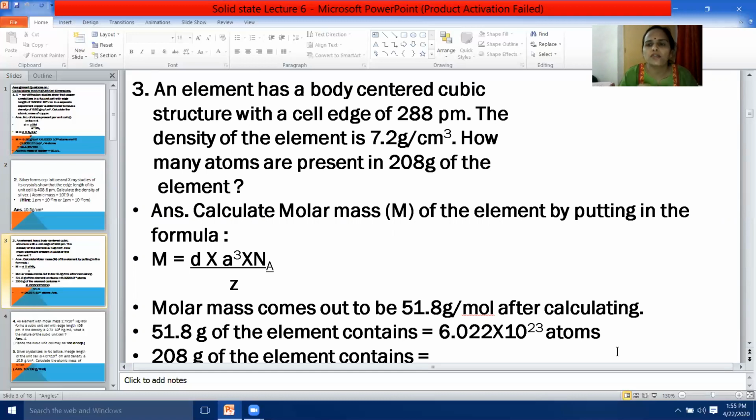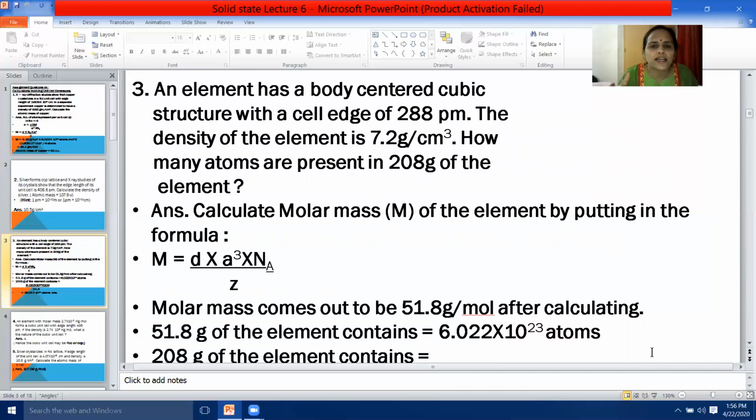So the number of atoms present in a BCC structure is equal to 2, so the value of Z there is equal to 2. That is the one you need to remember in your mind. Then cell edge is given as 288 picometer. You need to multiply 288 into 10 raised to minus 10, converting picometer to centimeter.